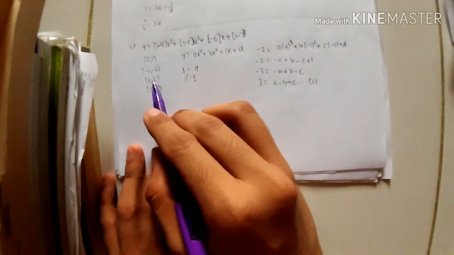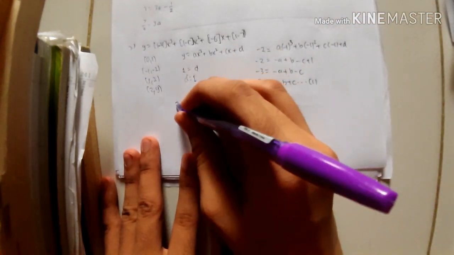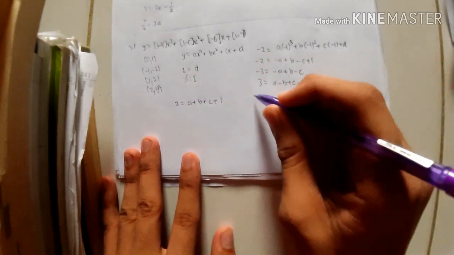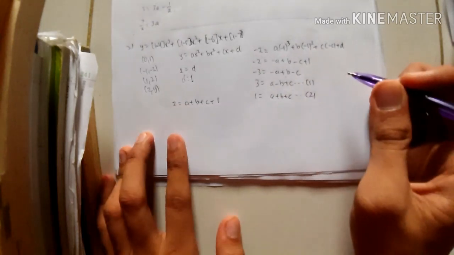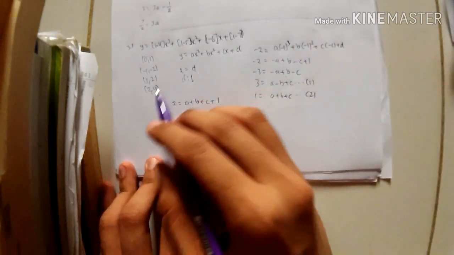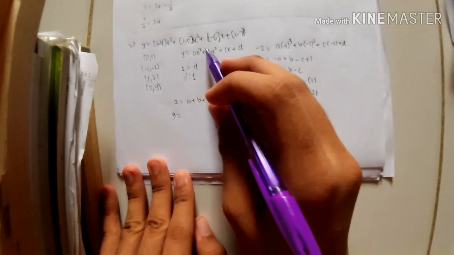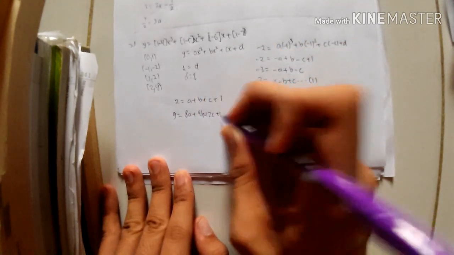And now you put this coordinate in just as that coordinate. So 2 equals a plus b plus c plus 1, right? So 1 equals a plus b plus c, equation 2. And then this coordinate, so 9 equals a times 2 to the power of 3, 8a, then plus 4b plus 2c plus 1.